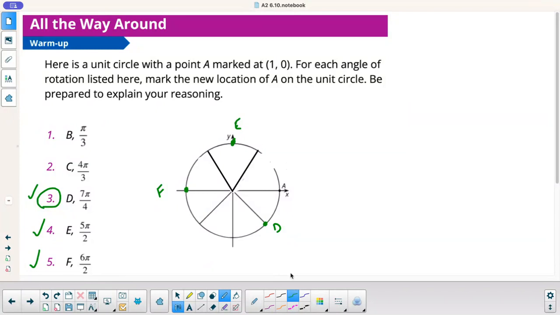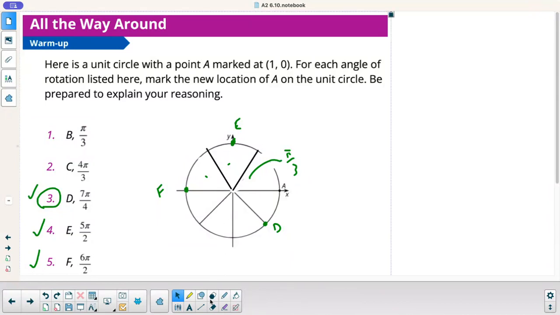Okay, so now each one of these is pi over 3. So this would be here pi over 3. So this would be 2 pi over 3, 3 pi over 3, and then it'd be the same thing if I just extend this line here back, it should be the same line.